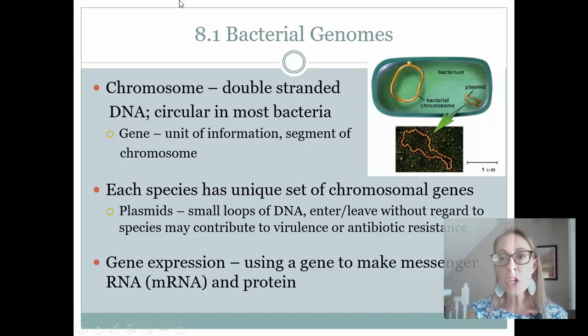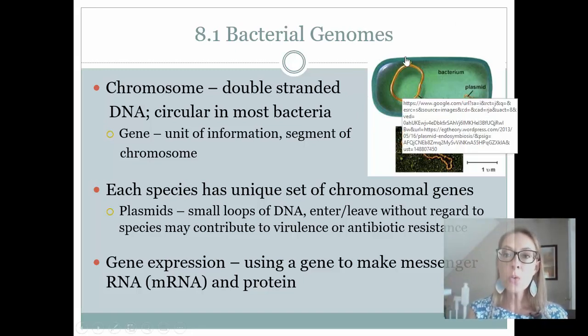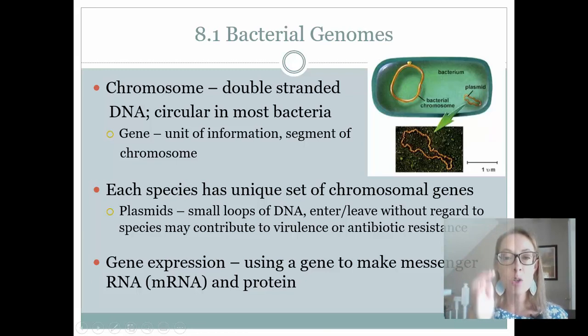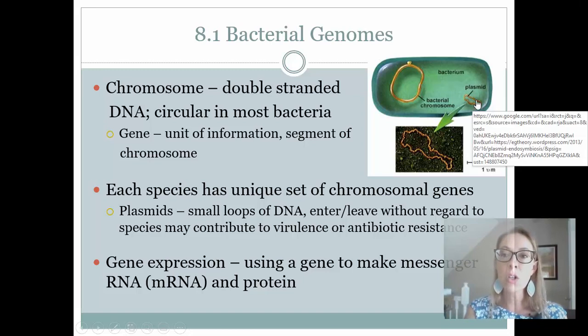This image up here is one that I've pulled from Google because your book just doesn't have a good representation of what this looks like. Here we see our bacterial chromosome with all of those critical genes that make that cell part of a larger species. But we can have these extra little loops.